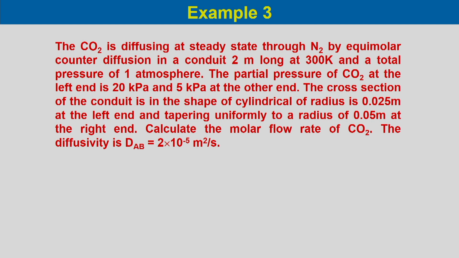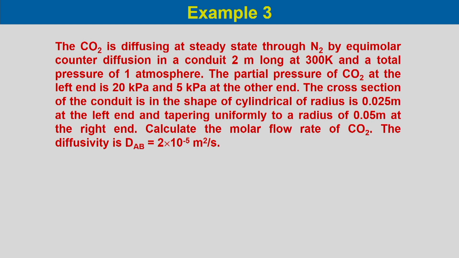The cross section of the conduit is cylindrical, of radius 0.025 meter at the left end and tapering uniformly to a radius of 0.05 meter at the right end. We need to calculate the molar flow rate of carbon dioxide.